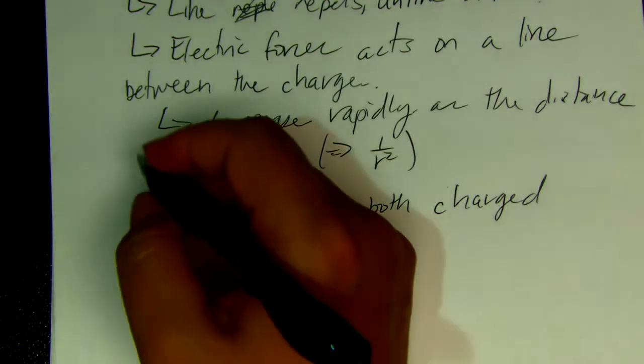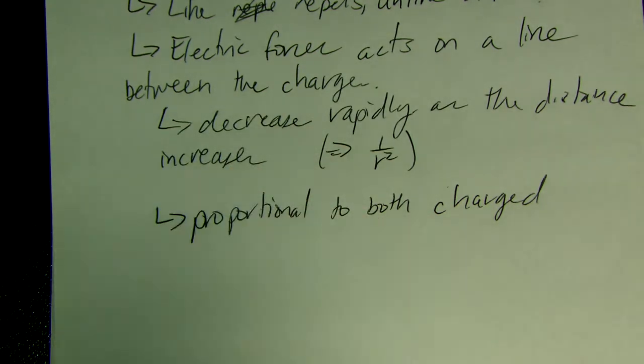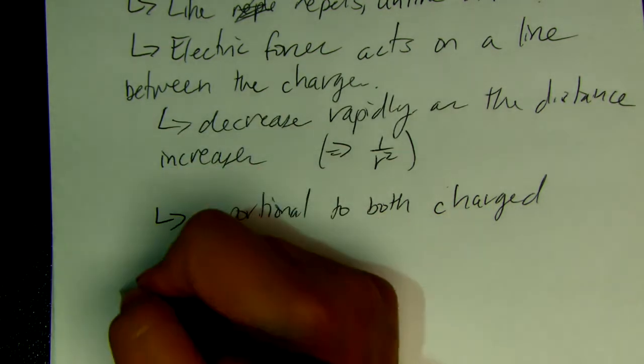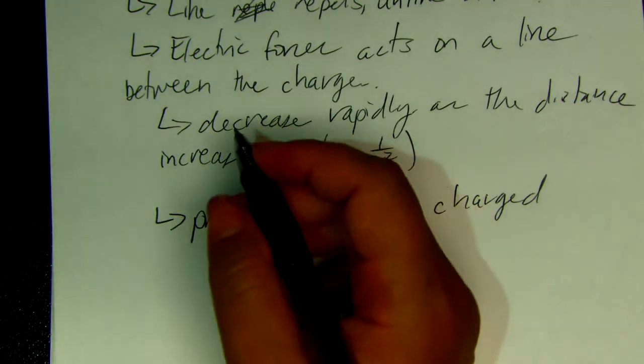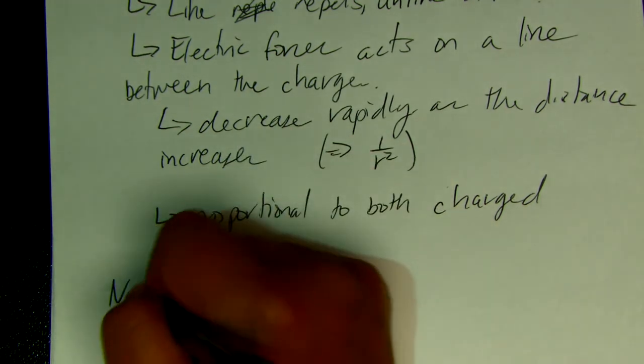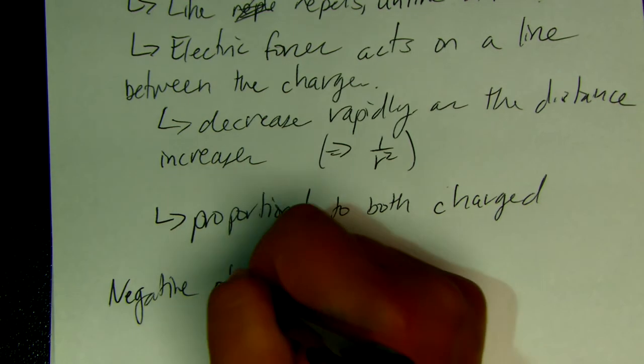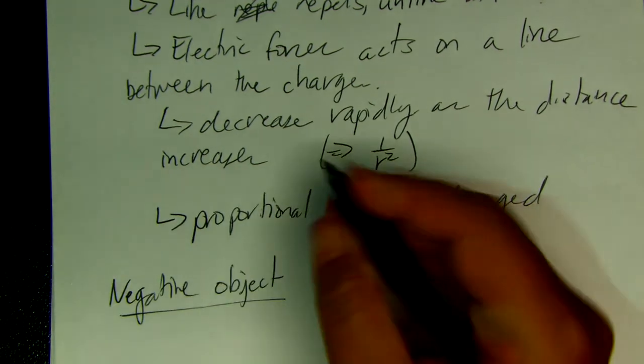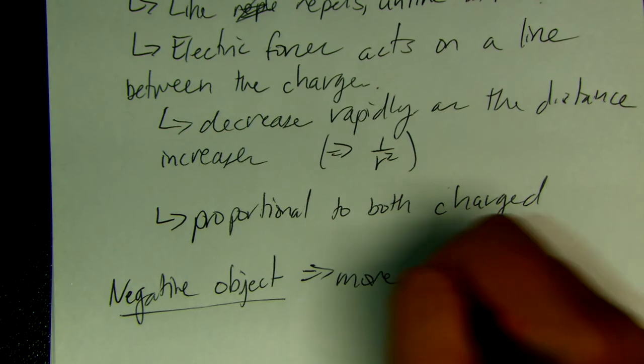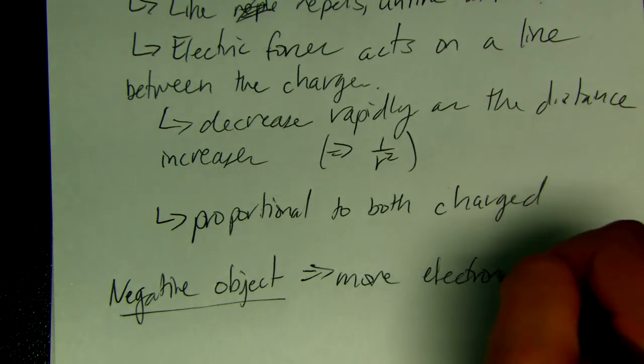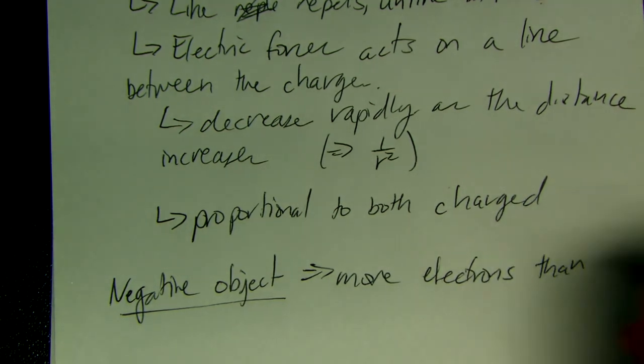So let's look at negative and positive objects. A negative object has more electrons than protons.